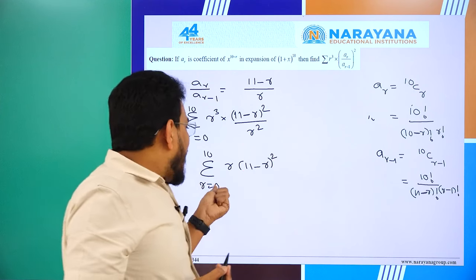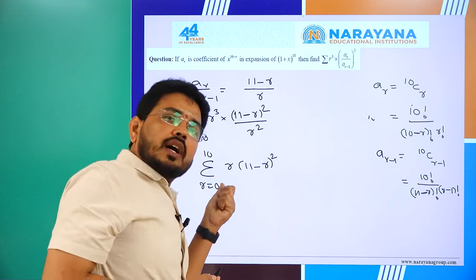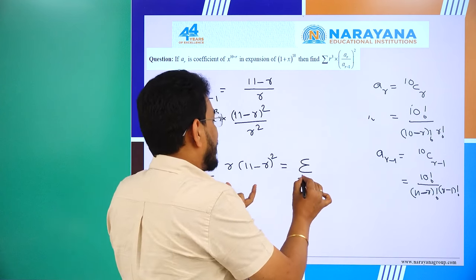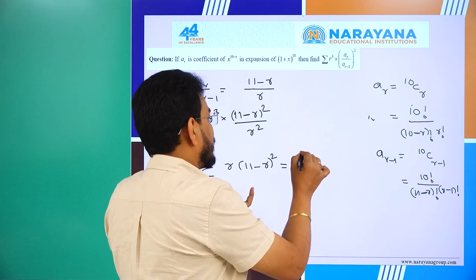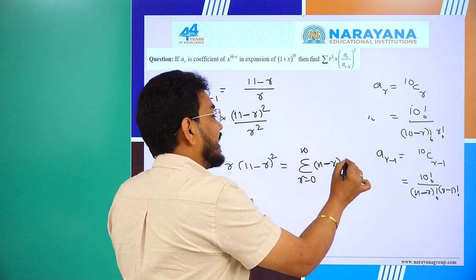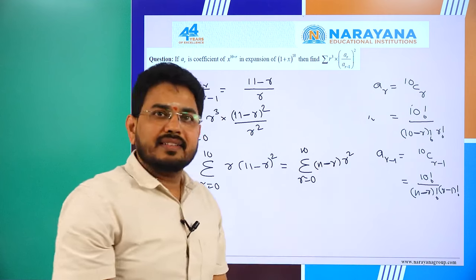See, here r is equal to 0, r is equal to 1, and so on. This can be written as the summation of r is equal to 0 to 10 of (11 minus r) into r square.